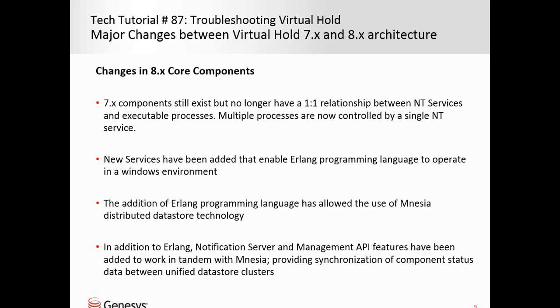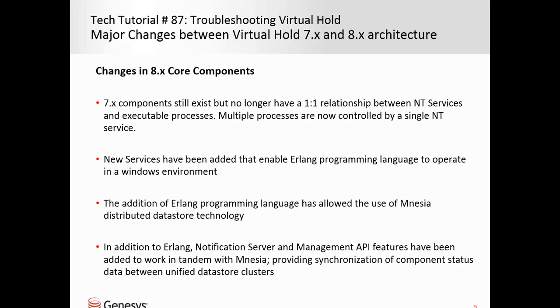Functionality has been added to Virtual Hold 8.x that allows the Erlang programming language to operate within the Windows environment. This provides the ability to synchronize data using Amnesia distributed data store technology. Notification, server, and management API features have also been added to the version 8.x release, which works in tandem with the Amnesia database or data store, providing synchronization of components and their status.